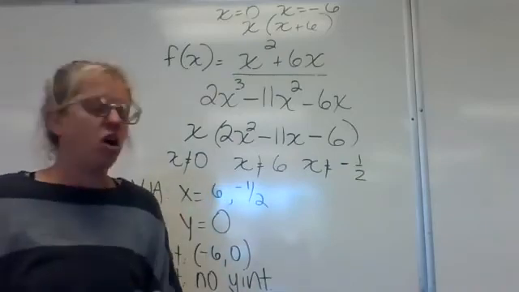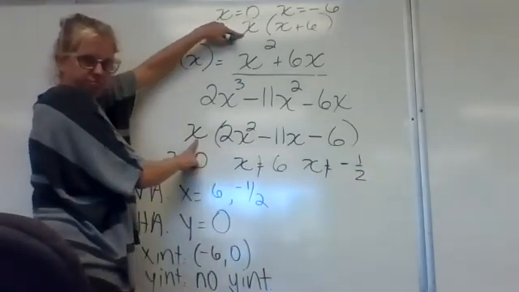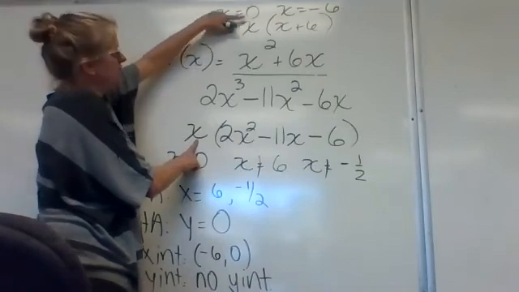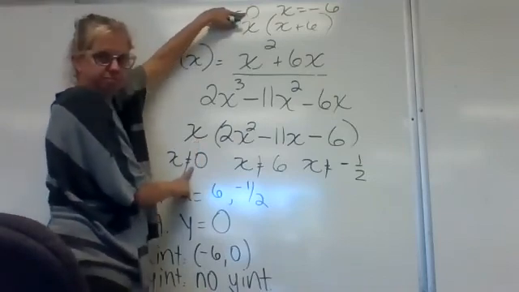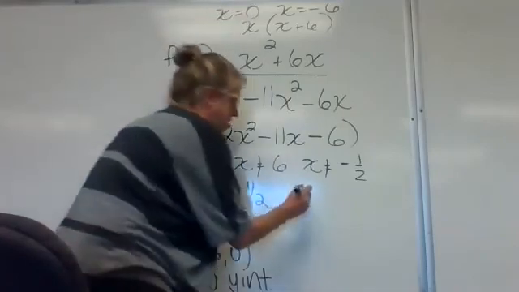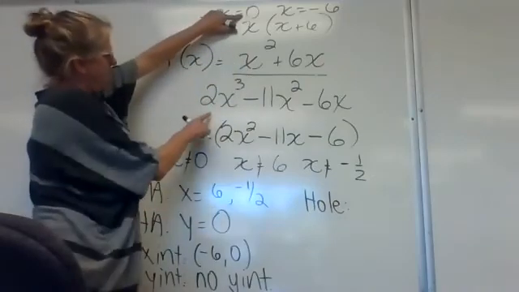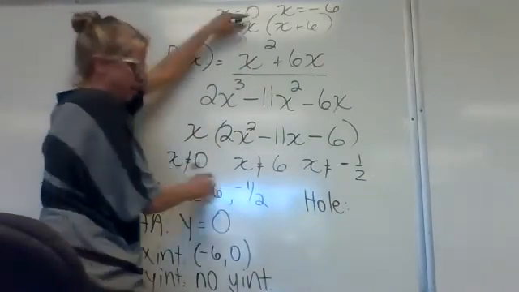The way you find where the hole is, you remember that factor that made the same 0 in the top and the bottom? That's going to be the x-coordinate of the hole. So what was that number that we saw in the top and the bottom? 0.